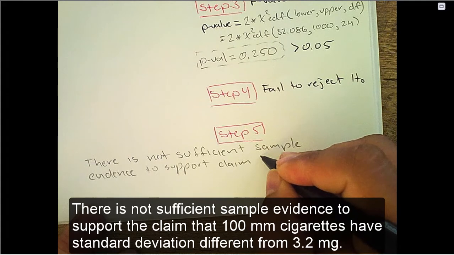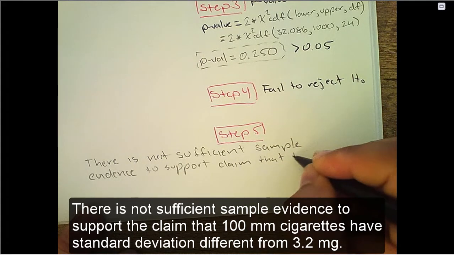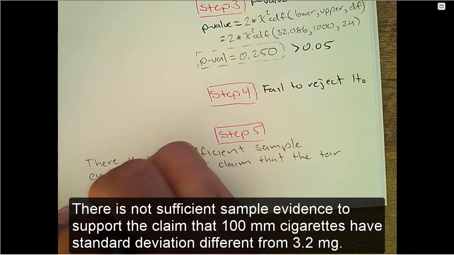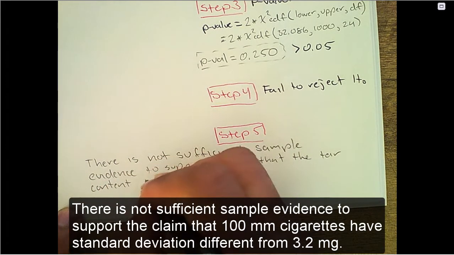There is not sufficient sample evidence to support the claim that 100mm cigarettes have standard deviation different from 3.2 mg.